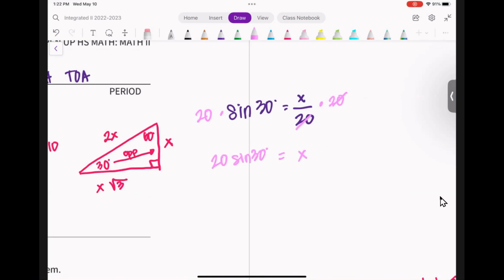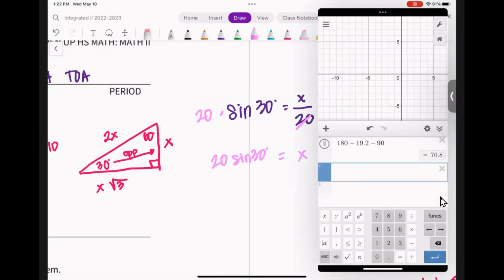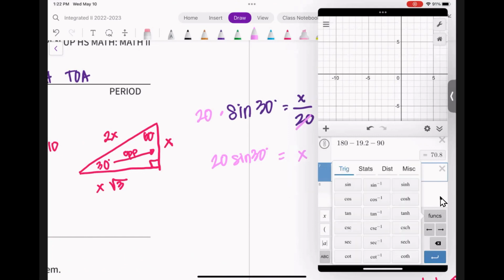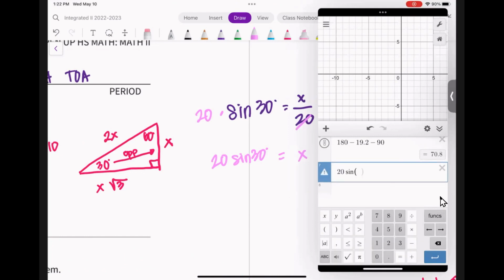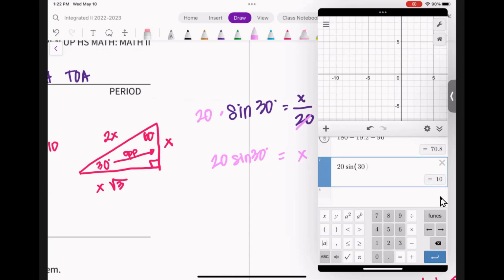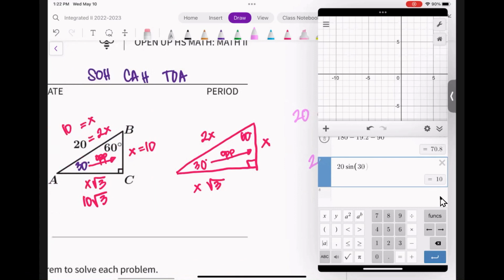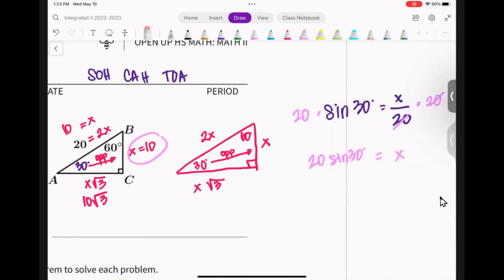So then in comes my calculator, and for those of you who don't know, the sine of 30 is something that you will learn almost by heart later. There it is. Boom, it's 10. But Miss Johnson, we got 10 over here too. The answer matches. So I'm a huge fan of using two different methods to verify my answer to make sure that I'm absolutely correct.